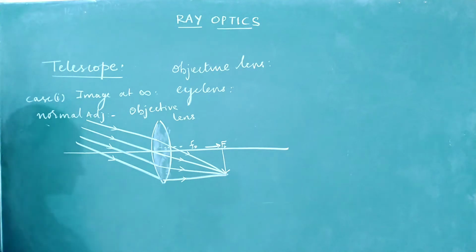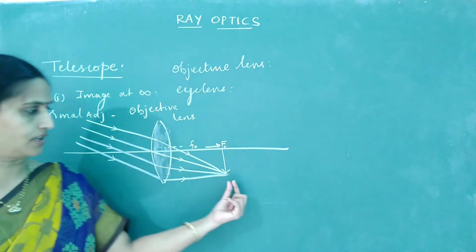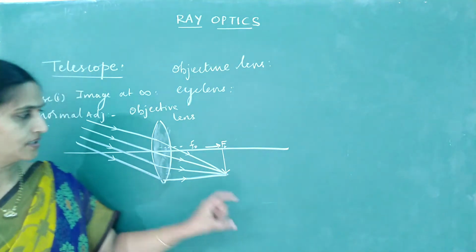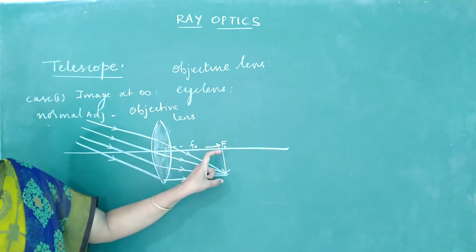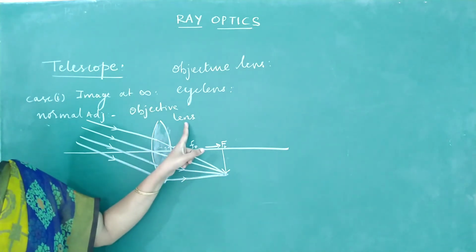I'll call this point f0. So we are first bringing the rays from infinity, converging them at the focus of the objective lens, so that we get a diminished inverted image at the focus of the first lens, that is, the objective lens.